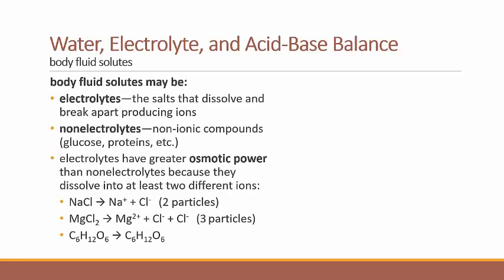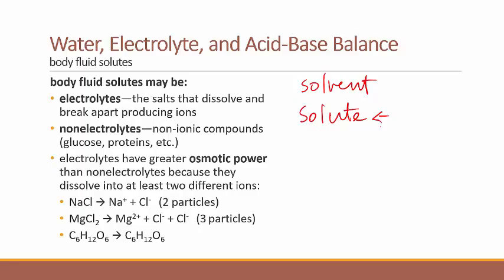So body fluids have, of course, water in them, and they also have lots and lots of dissolved solutes in them. If water is the solvent, anything that's dissolved in that water is referred to as a solute. So solutes are the dissolved materials. Electrolytes are salts.